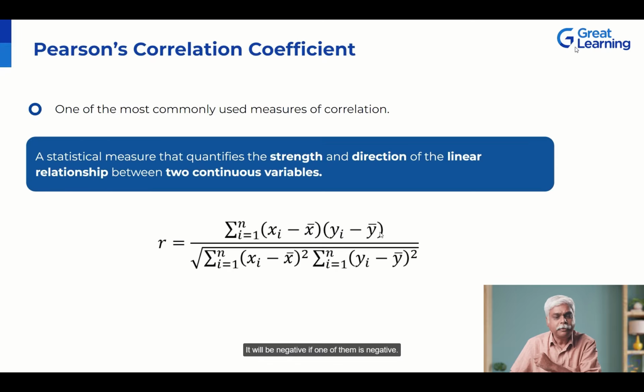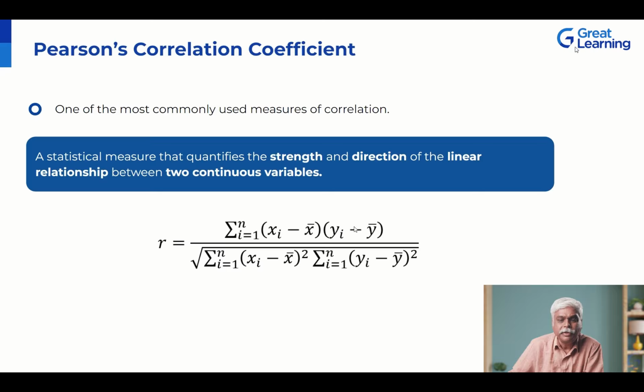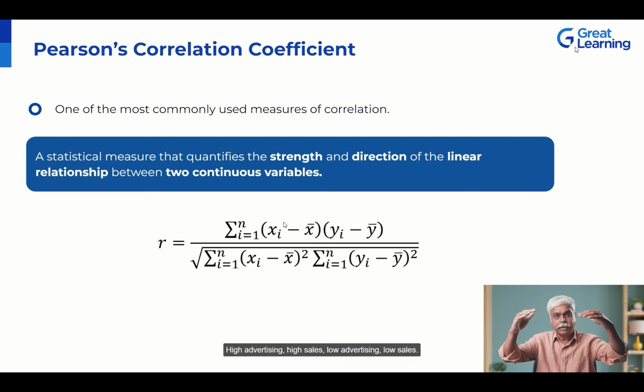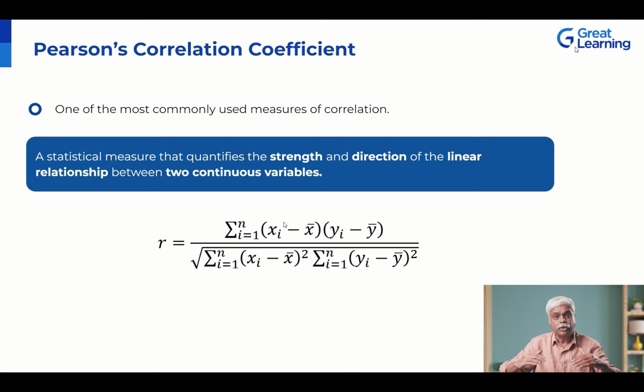It will be negative if one of them is negative. In other words, above average advertising and below average sales. That's less likely, is it not? It will also be positive if both are negative. High advertising, high sales, low advertising, low sales.